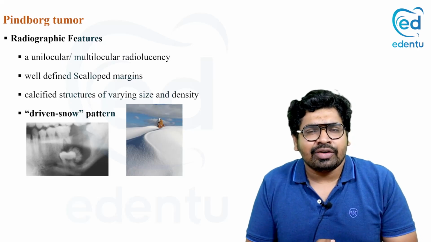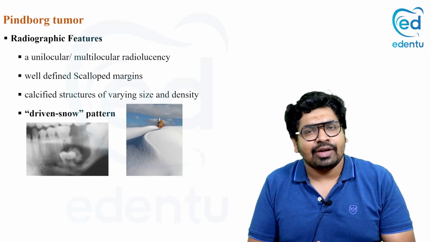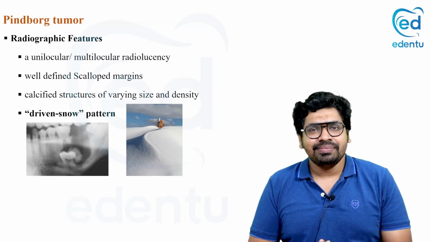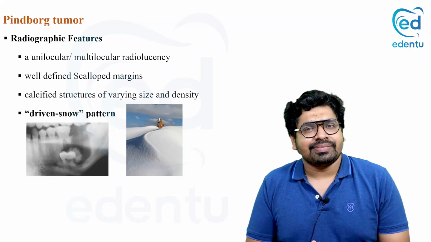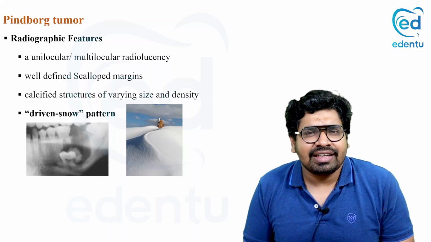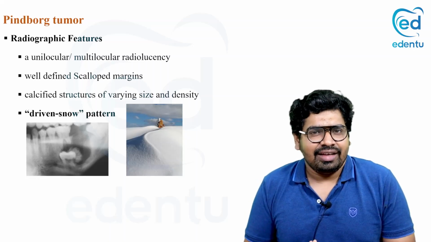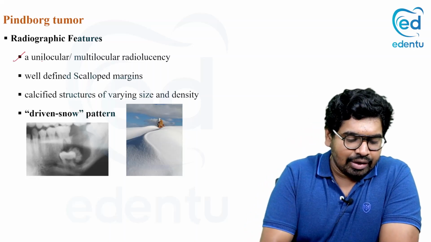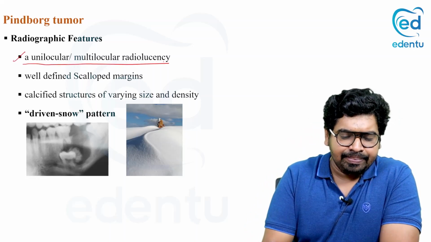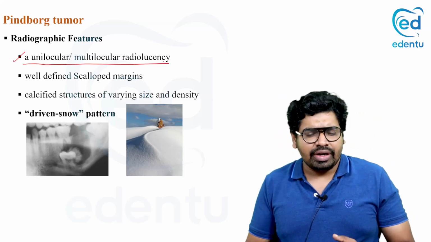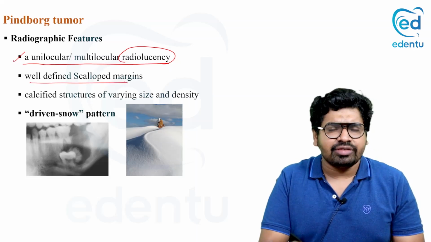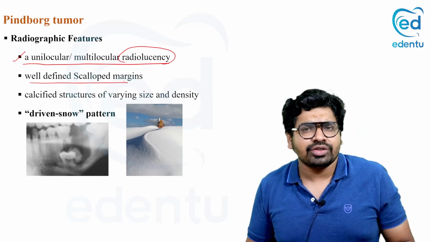Now the most interesting thing is the radiology. Most odontogenic tumors are radiolucent, but whenever there is a calcification, we see some radio opacities also. So it usually appears as a unilocular or multilocular radiolucency with well scalloped margins. That's about an odontogenic tumor.